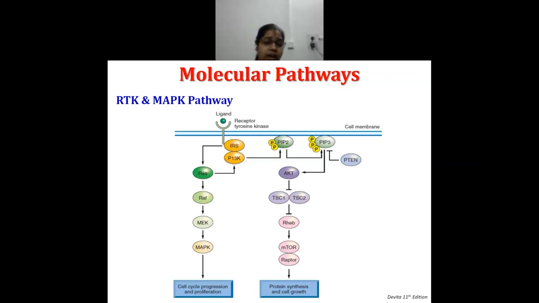On one hand, it activates a cascade of molecules like RAS, RAF, MEK, and mitogen activated protein kinase, which results in cell cycle progression and proliferation, while on the other hand, it gets converted to PIP3, which recruits AKT to the cell membrane and activates the mTOR pathway, which is responsible for protein synthesis and cell growth. The PTEN gene inhibits the PIP3 complex and hence inhibits mTOR.